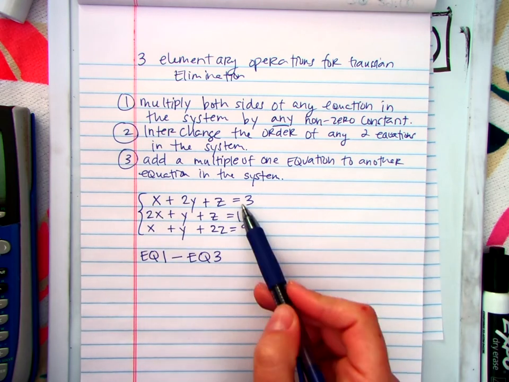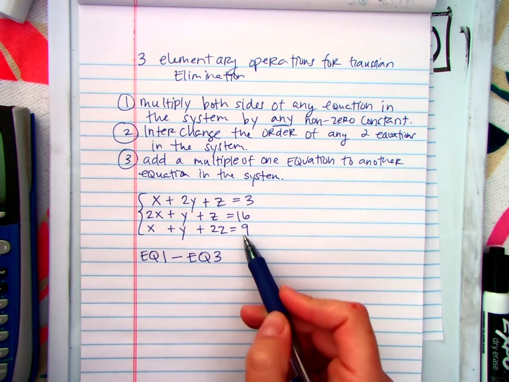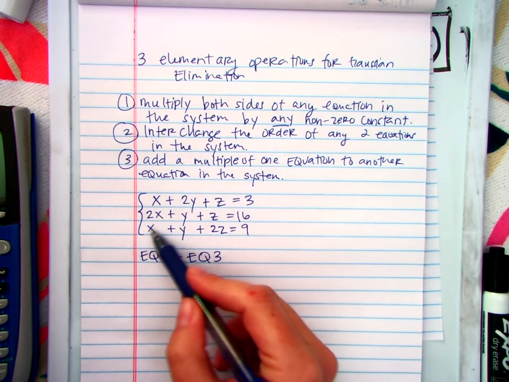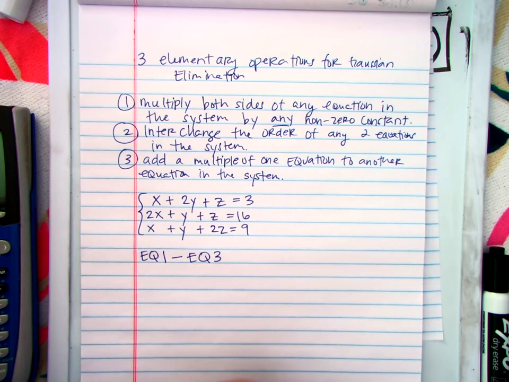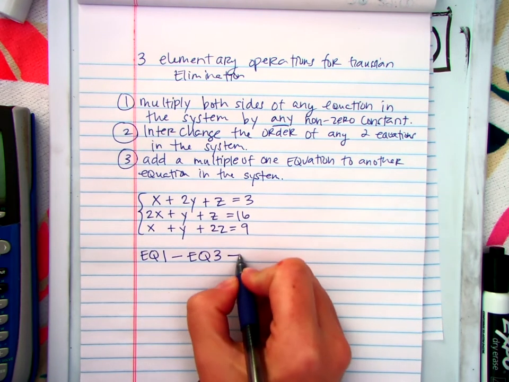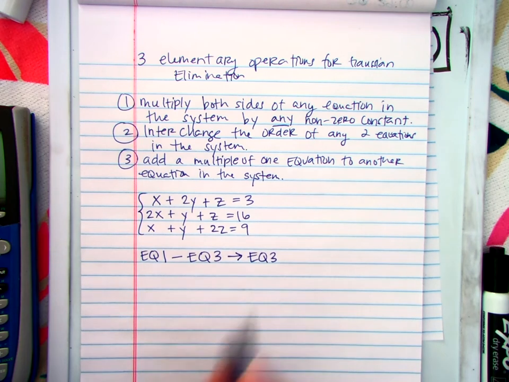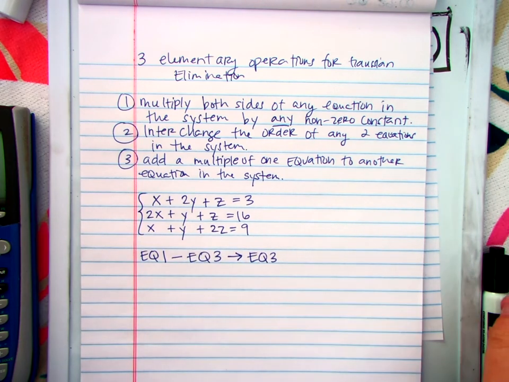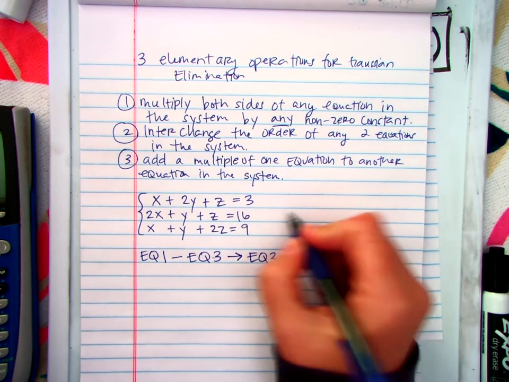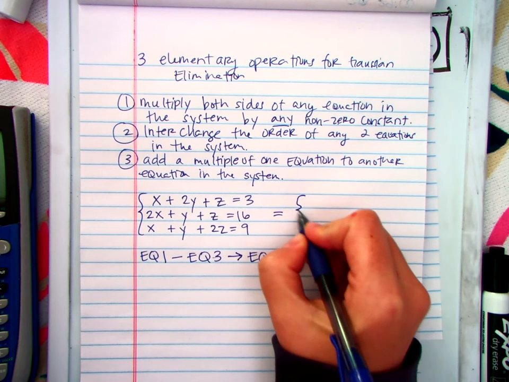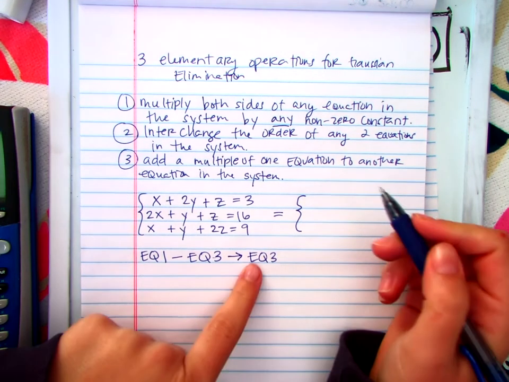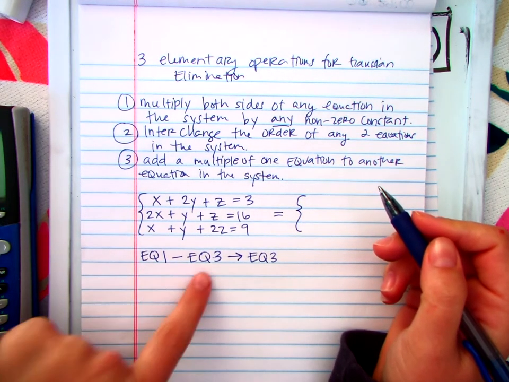I hope you see why I'm doing that. But what I'm going to do with that, and this is the new part, is I'm replacing the old equation 3 with that new answer. So when I do this step, the system becomes, I'm going to replace equation 3 with this.